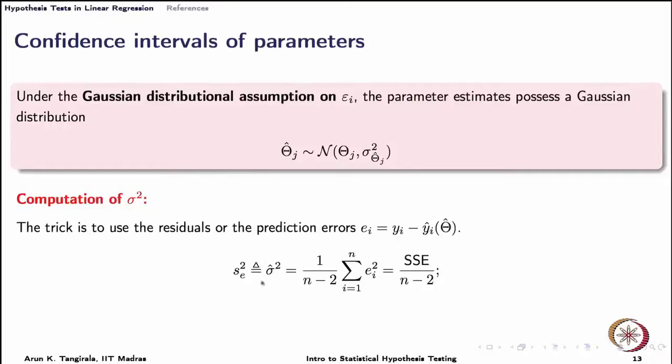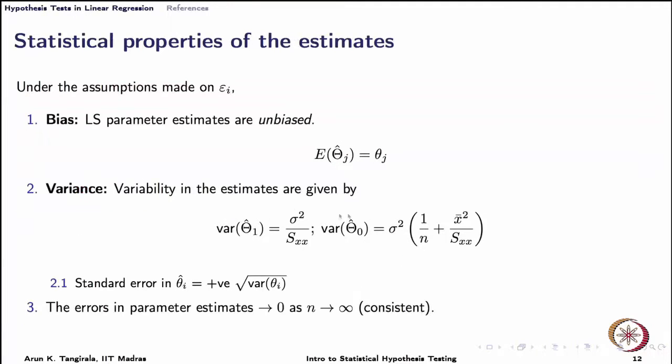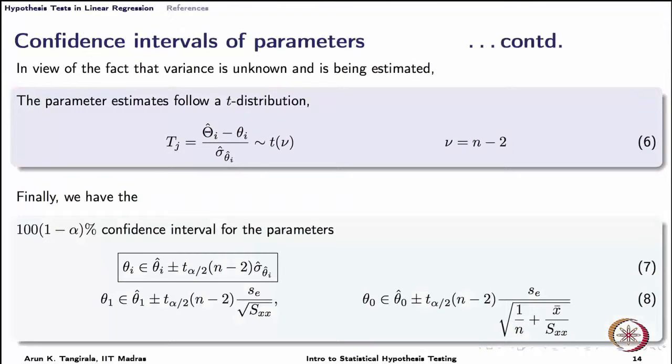How do you obtain the estimate? First calculate your S square epsilon and then plug it into these expressions wherever you see sigma square, and then of course take the positive square root. That is how you would calculate sigma hat theta I hat. This follows a t distribution with n minus 2 degrees of freedom. This degrees of freedom, as usual with the t statistic before, comes from the denominator.